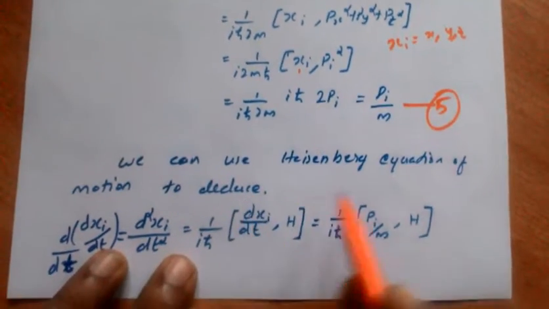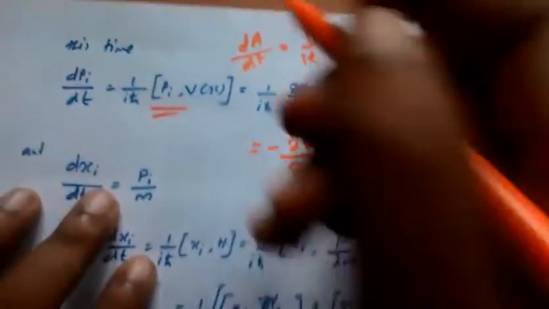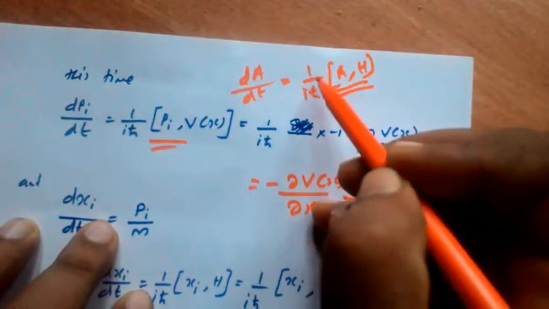Now we can use the Heisenberg equation of motion to deduce this. Heisenberg's equation of motion: dA over dt equals 1 over iħ [A, H].